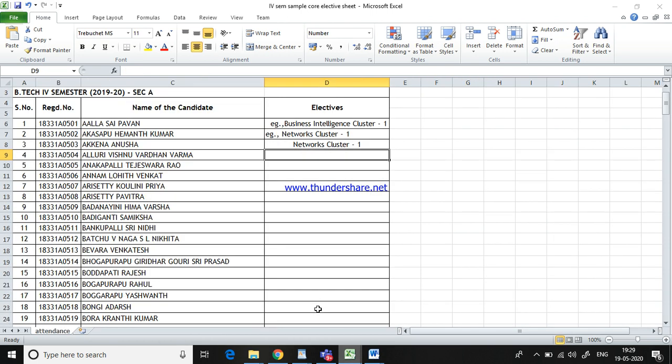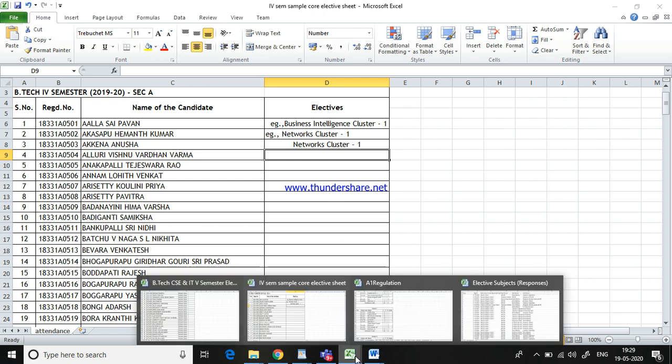So this is about the open electives. For example, if you take your batch, you will have to indicate in the sheet if it is business intelligence cluster 1. This is just an example. A student has chosen business intelligence cluster 1, and another student has chosen networks cluster 1.